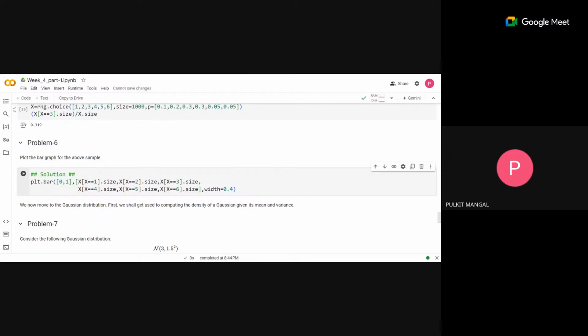I hope this code is clear. Oh, one mistake: not only 0, 1. It should be 1, 2, 3, 4, 5, and 6. This is the value that the bar will take and how much height it should go. We have taken the number of 1s, number of 2s, 3s, 4s, 5s, and 6s, and we have put them in one array. If you see this screen, and the width parameter.